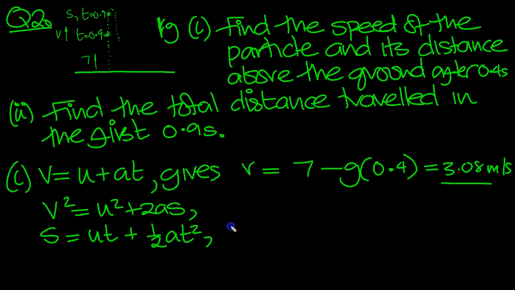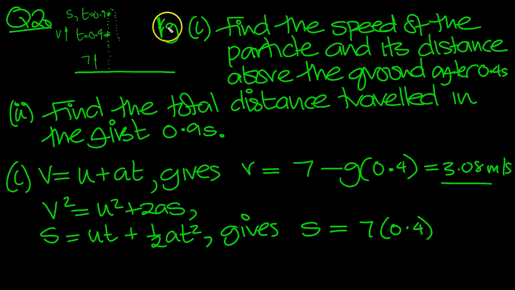So s is equal to ut, so the initial speed was 7, the time is 0.4, and then half a is minus 9.8 over 2, so it's minus a half times g, 9.8, times t squared, which is 0.4 squared.